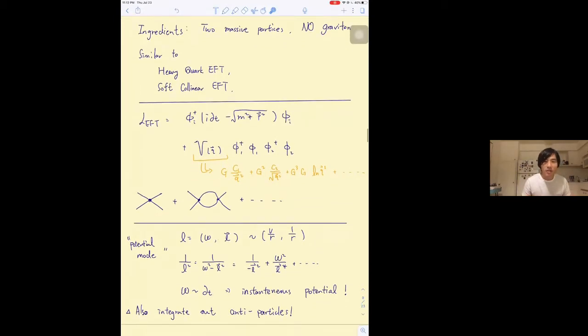The way to understand this is from the scaling of the momentum of your gravitons. This is the so-called potential mode, and in the question earlier we discussed this a little bit. Basically, the potential graviton is responsible for the intermediate interaction between these two particles, and the wavelength is of the order 1 over r, and the energy is relatively smaller.